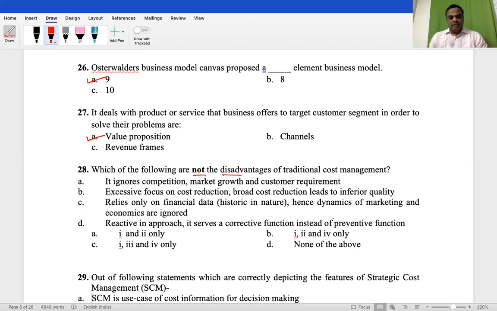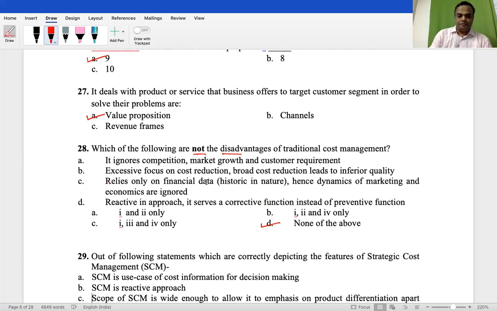Reactive, not proactive. Therefore A, B, C, D, all four are disadvantages. So what is the right answer? None of the above, because everything is a disadvantage. Good.